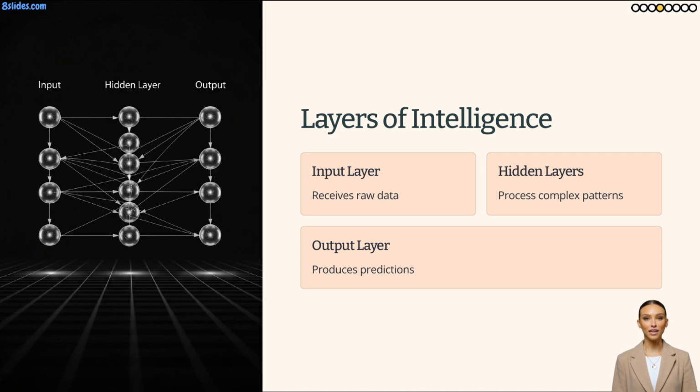The more hidden layers, the deeper the network, and the more intricate patterns it can learn. Finally, the output layer gives us the answer, a prediction, a classification, or a decision. It's this layered structure that allows neural networks to tackle incredibly complex problems.